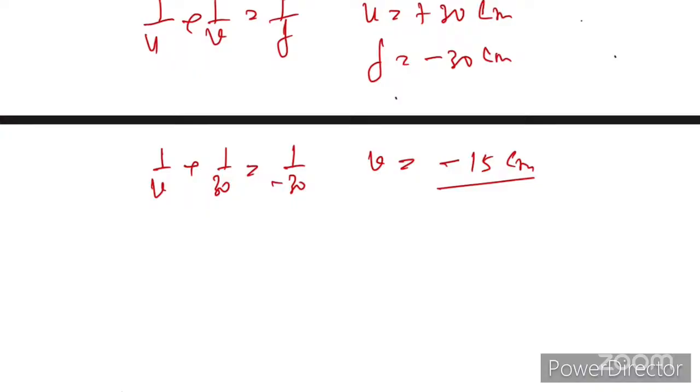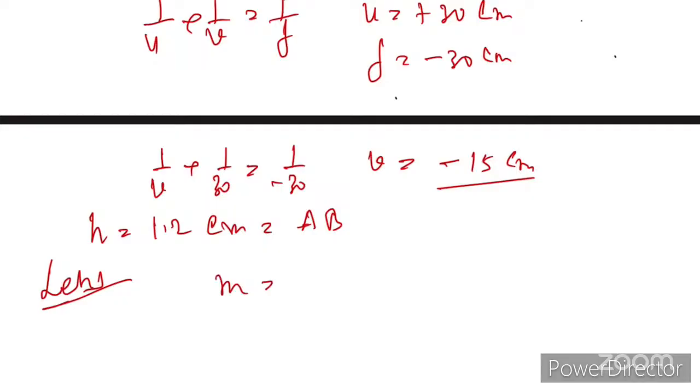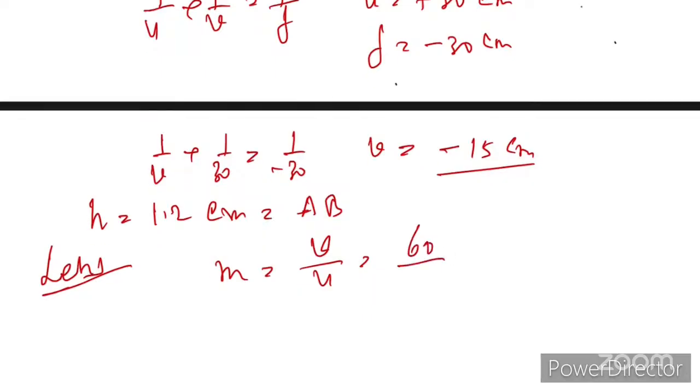Our object is basically 1.2 centimeter, and that is the length of AB. Now, as far as the lens is concerned, our magnification is basically V by U, and that is 60 upon 20, and this is coming as minus 3.